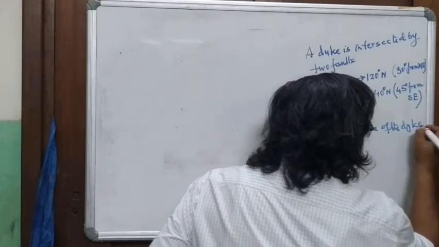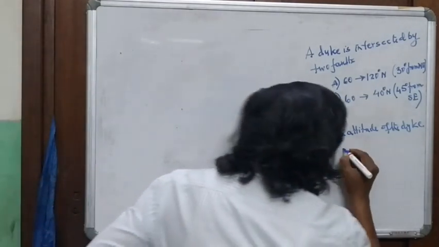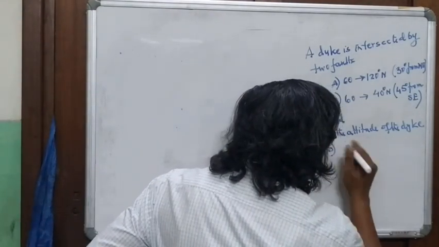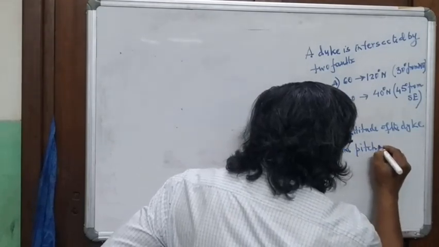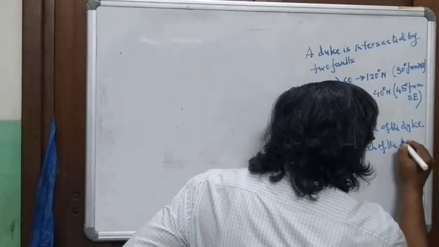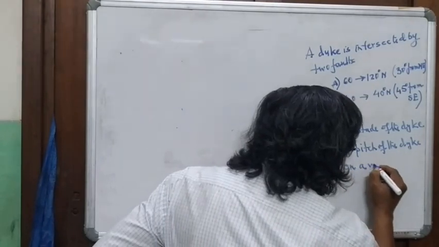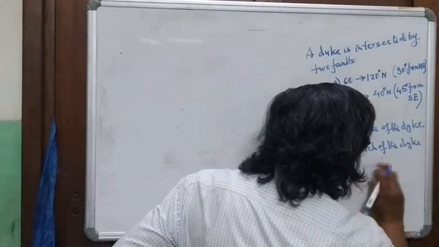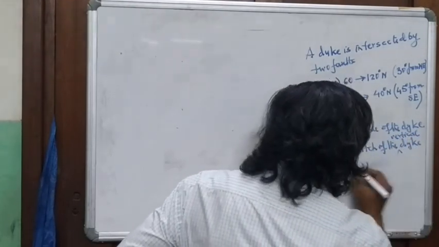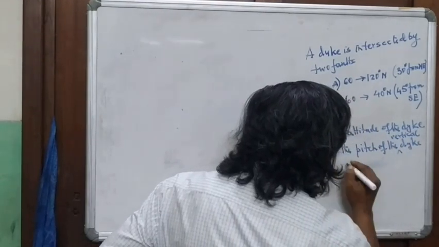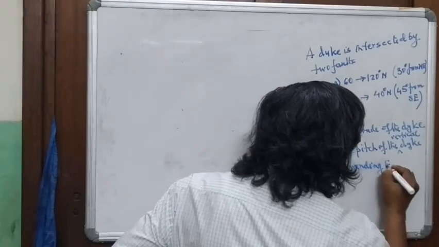And B, find the pitch of the dike on a vertical dike trending east-west.